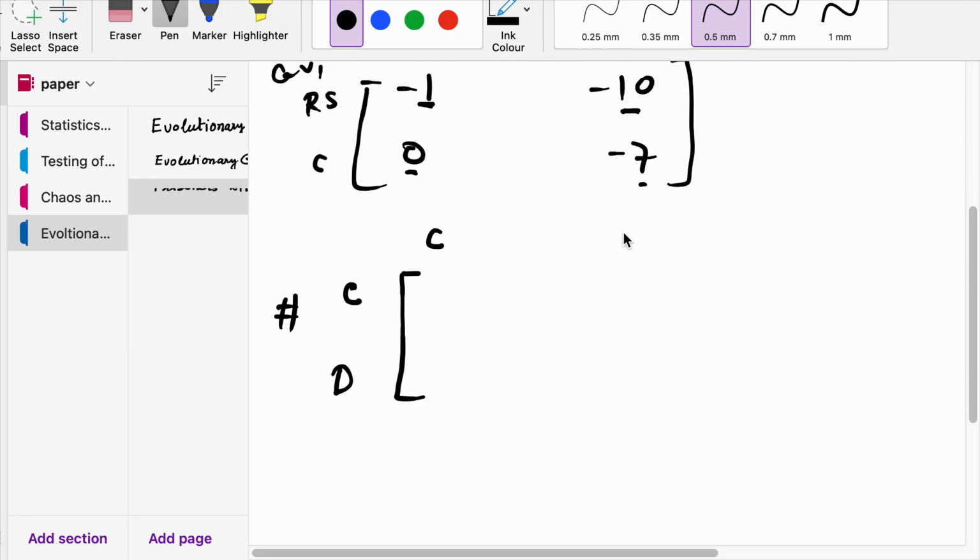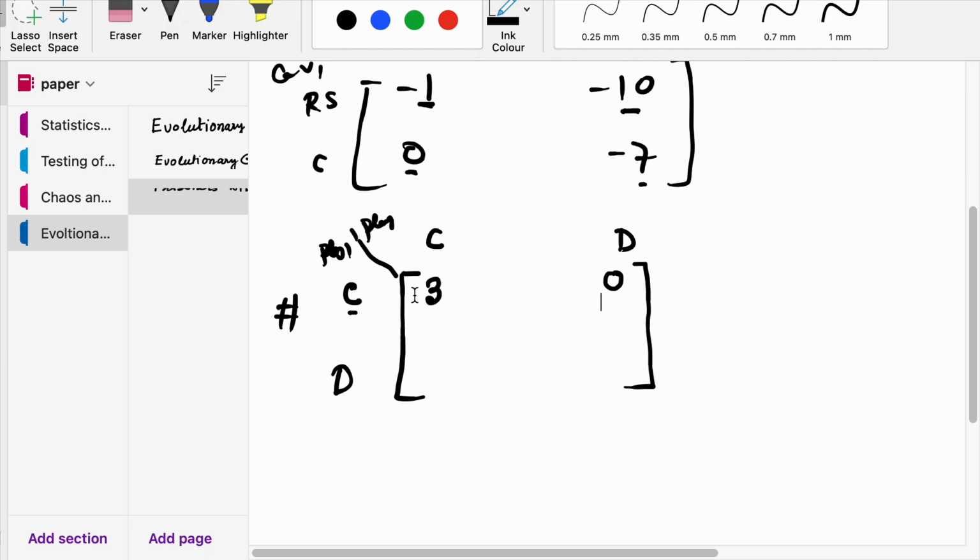Again, cooperation, defection. If both of you cooperate, then you will get a payoff of 3. If one cooperates and the other defects, then player 1, this is player 2, will get 0 because the other player defected.